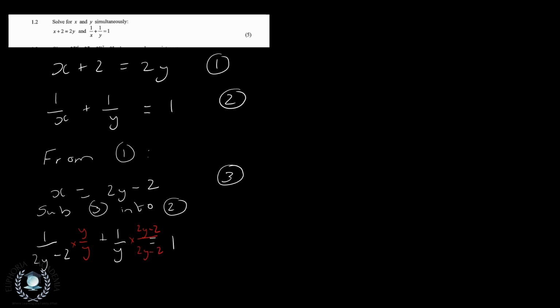And after doing that, we're going to find that we have y over 2y squared minus 2y, and that will be added to 2y minus 2 over 2y squared minus 2y, and that is all equal to 1.